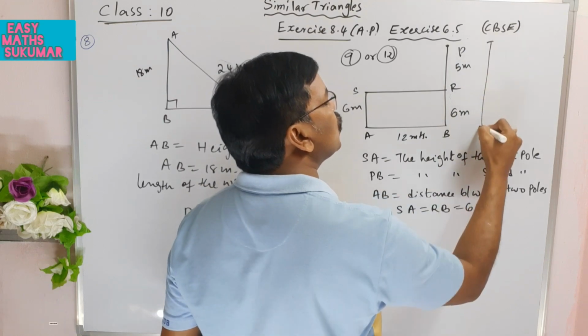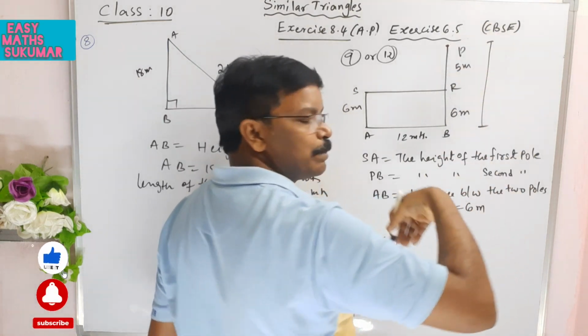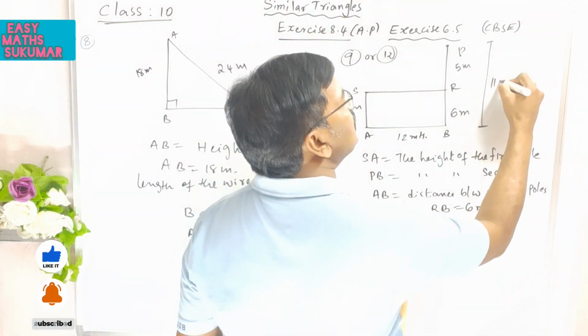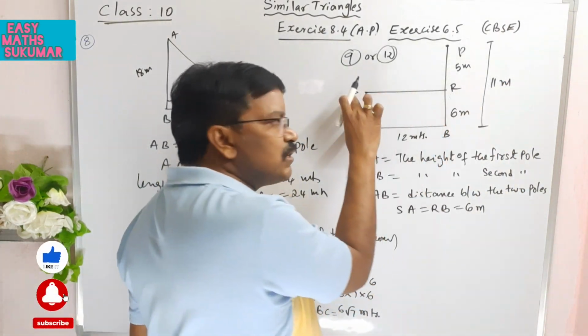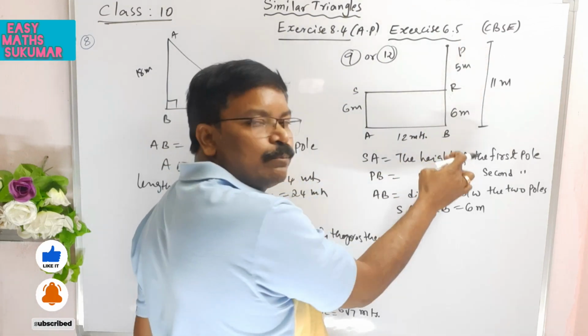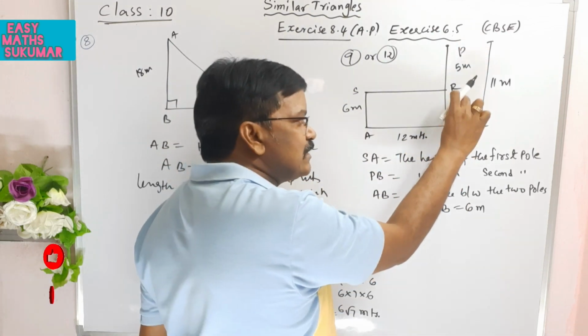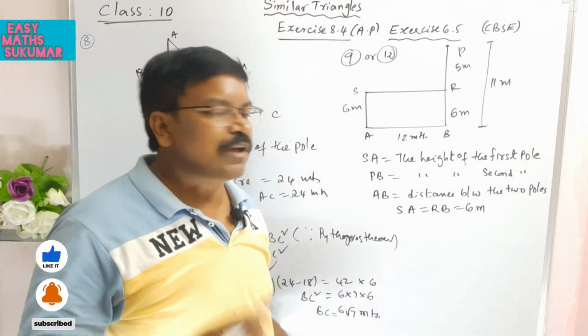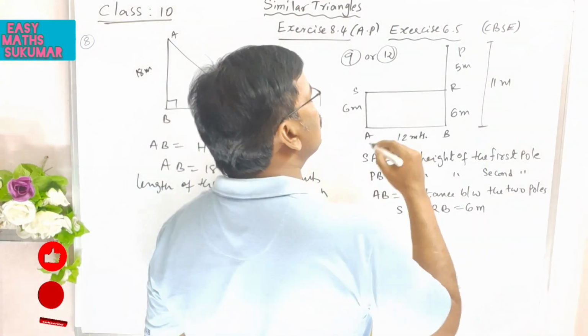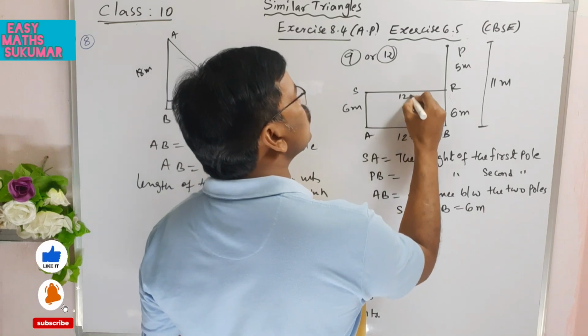Why? The total height of the pole PB is 11 meters. This is 6 meters, this is also 6 meters, but the total height of the pole is 11 meters. If it is 6, then the other part is 5 meters. Now my dear students, here this is also 12 meters.